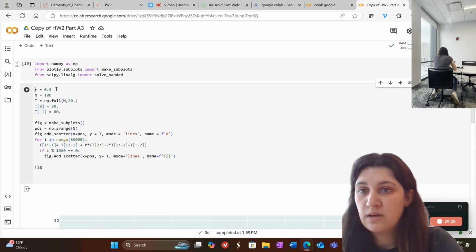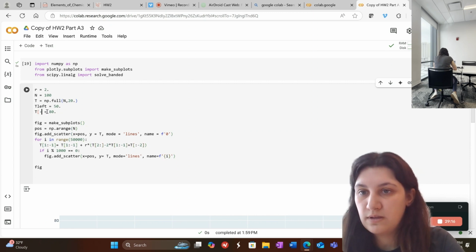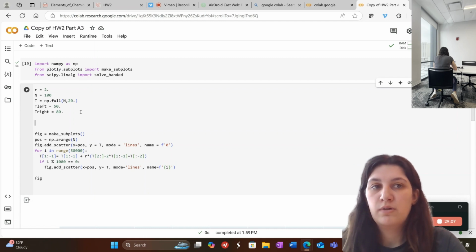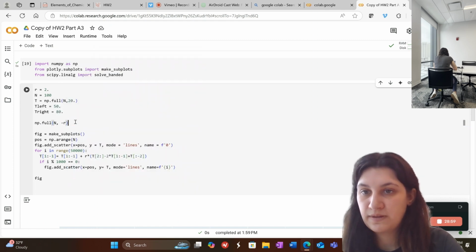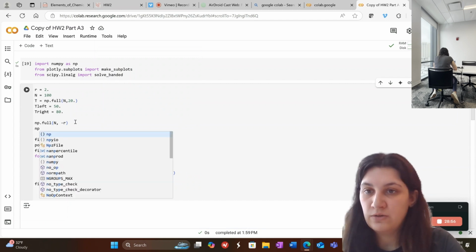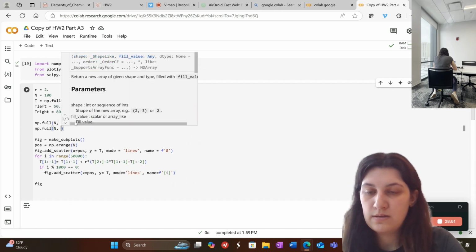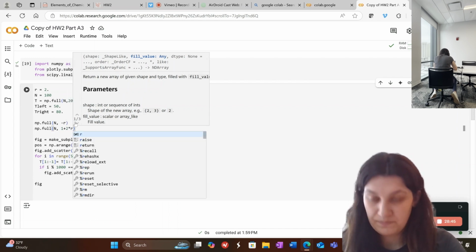Perfect. Now we want to change this R value to 2. We change the names of these to T left and T right. Now we just set up our matrix. So for our upper and lower diagonals, we have np.full, and those are just negative r. And then our middle diagonal is np.full, and it's 1 plus 2 times r.